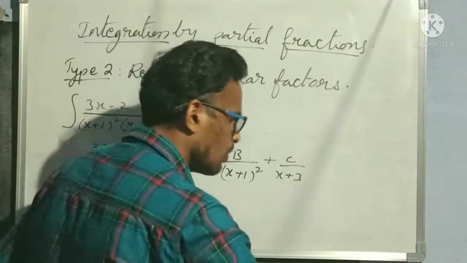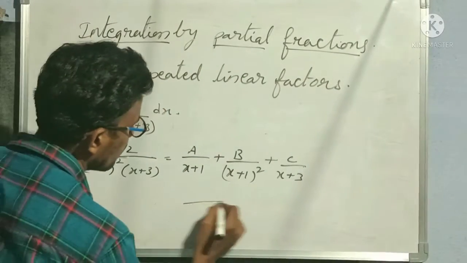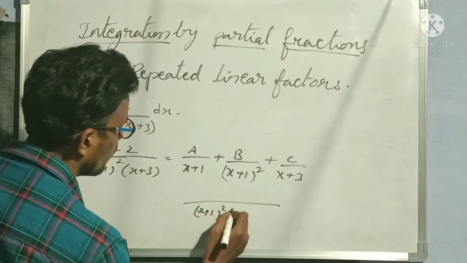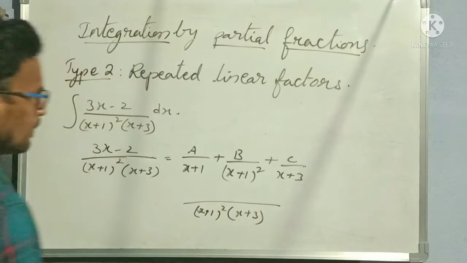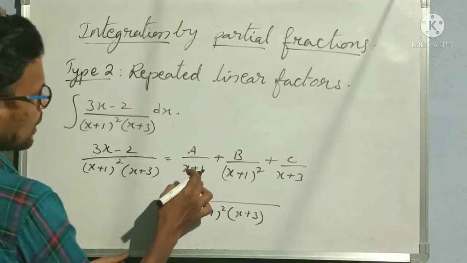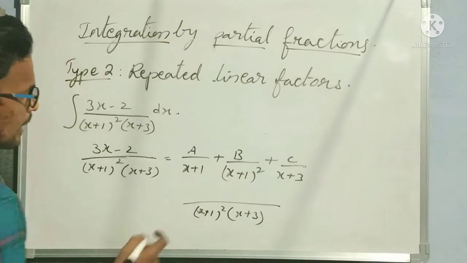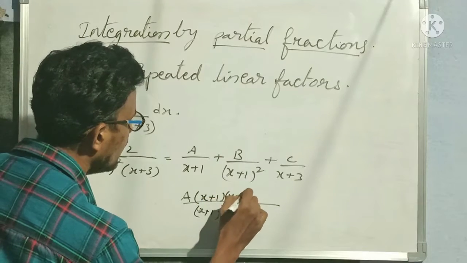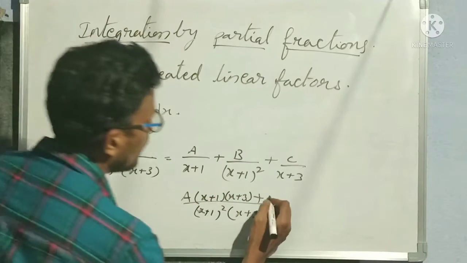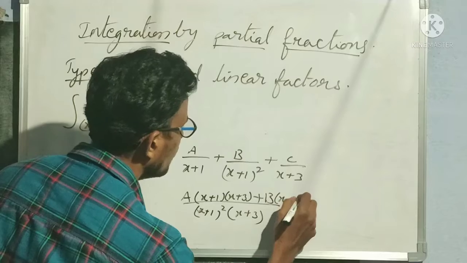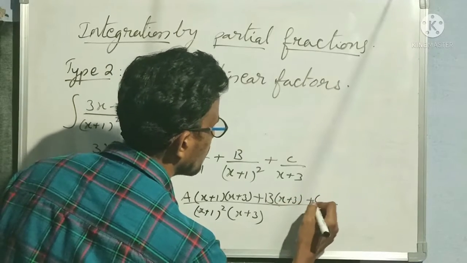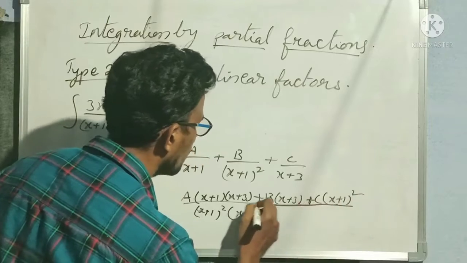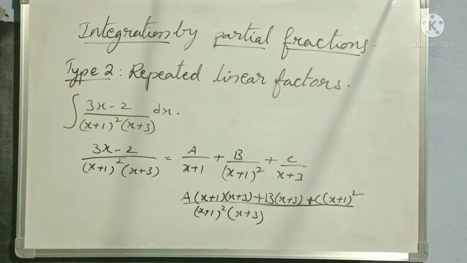Anyhow, the LCM is same: (x plus 1) whole square into (x plus 3), right? Here x plus 1 is there, one x plus 1 gets cancelled, so it remains A into (x plus 1) into (x plus 3), plus B into (x plus 3), plus C into (x plus 1) whole square. This is the first step.